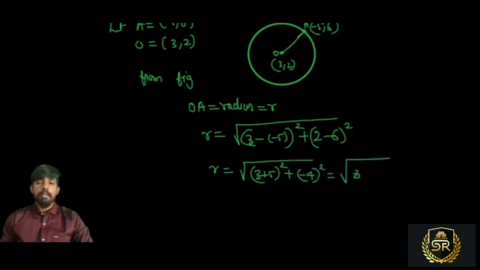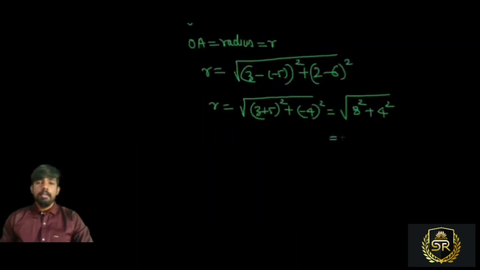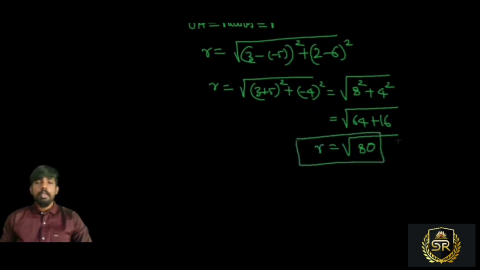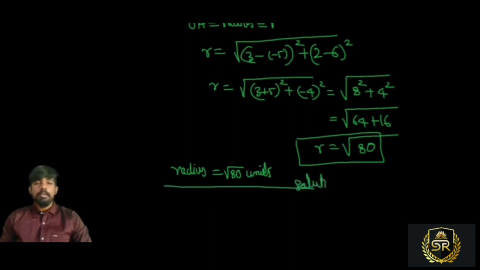So this is 2 square plus 4 square, root over 4 plus 16. Add together, what is the result? 20. So radius is equal to root over 20 units. That's all. This is the solution.